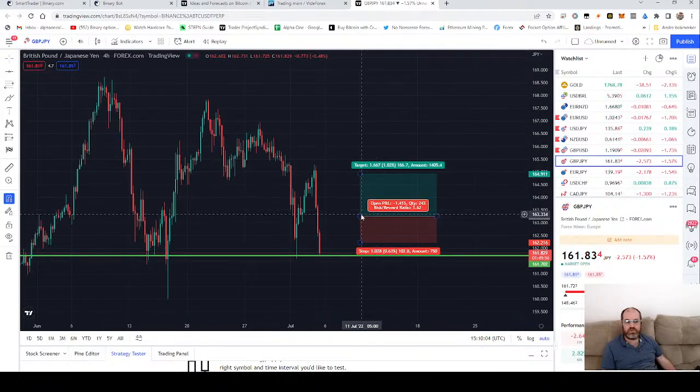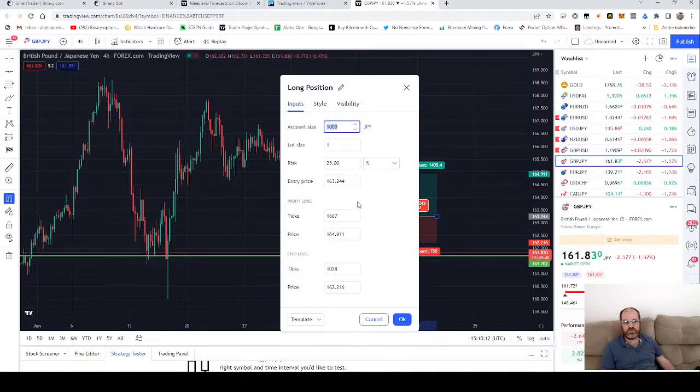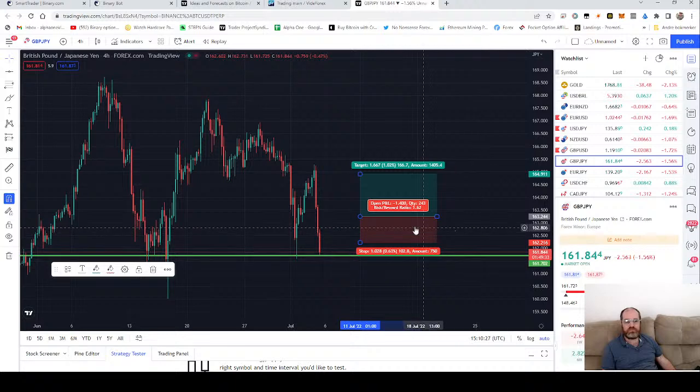So that will be a 1 to, let's say, 1.62. For the ones that want to copy that, we have an entry level here, take profit is the one you see there, and stop loss is the one you see here. So it's more like a pending trade. That's what I will take.